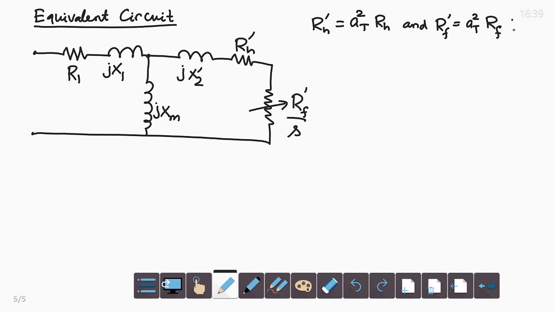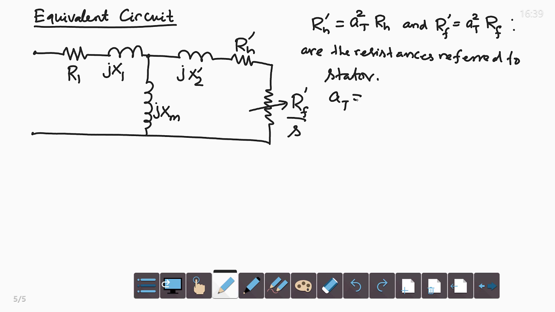These two, R h dash and R f dash, are the resistances referred to stator, and A t is the stator to rotor turns ratio.